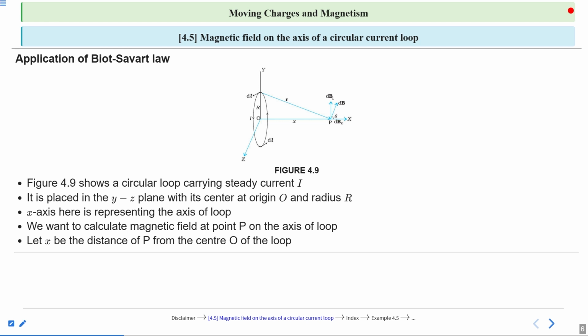The loop is placed in the YZ plane and its axis is along the x-axis, and P is the point at a distance x from the center O. And what is r? Here r is the distance of point P from the current element dl. We consider a small current element on this loop, and the distance r is the distance between point P and this current element dl.